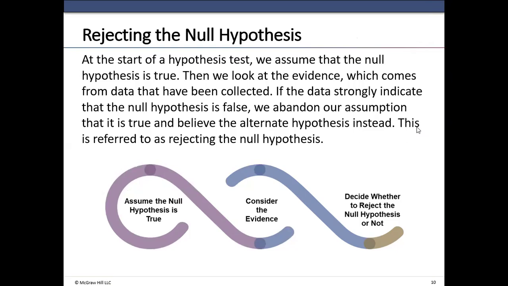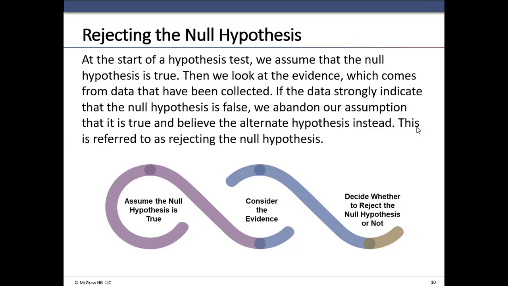So at the start of the test, on the left, we assume the null hypothesis, the stated value of the population parameter mu is equal to a certain value. Then we look at the evidence that has been collected from the sample. If the sample data provides enough evidence to support the alternate hypothesis, then we look at the evidence which comes from the data collected from the sample.